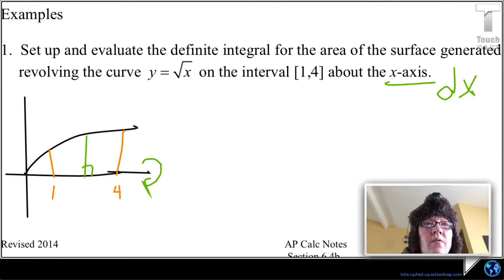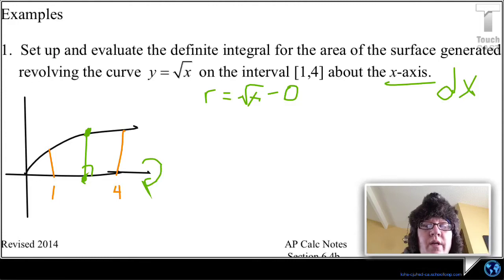So my radius, again, as in other problems, would be top minus bottom, and the top is square root of x, and the bottom is 0.